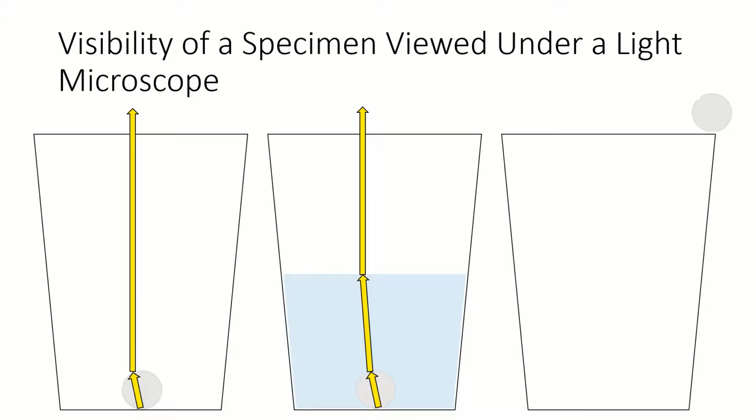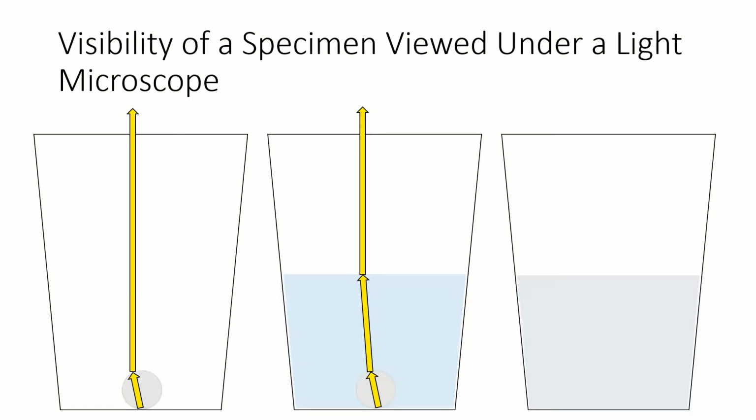But what if we put the glass ball in an oil pool inside a glass, like the immersion oil. The thing is, the refractive indices of the glass ball and the immersion oil are equal. They are the same.